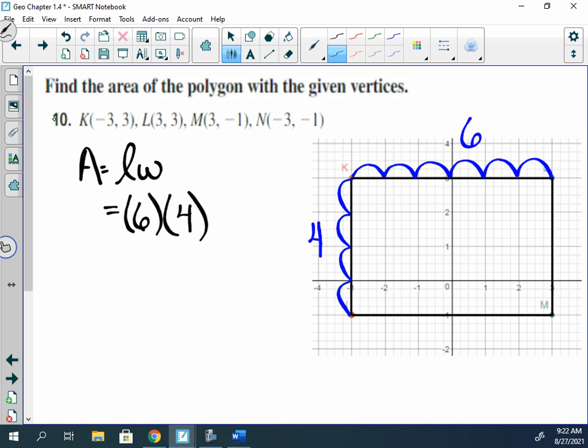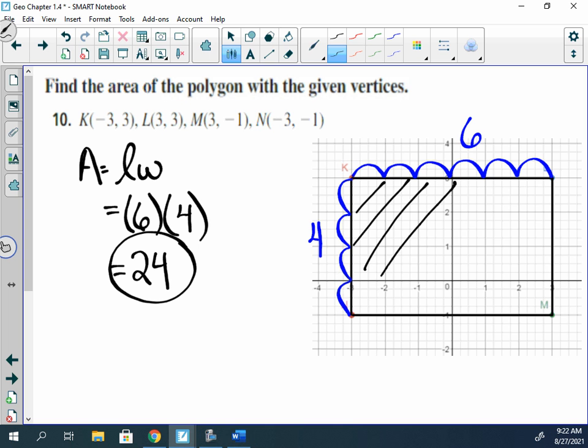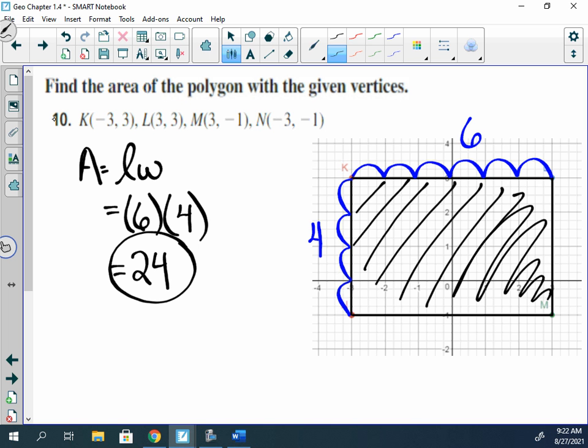The order in which we multiply two things does not matter. And 4 times 6 is 24. So the area of this rectangle is 24 square units. The area inside would be 24 units. Any questions on this here?